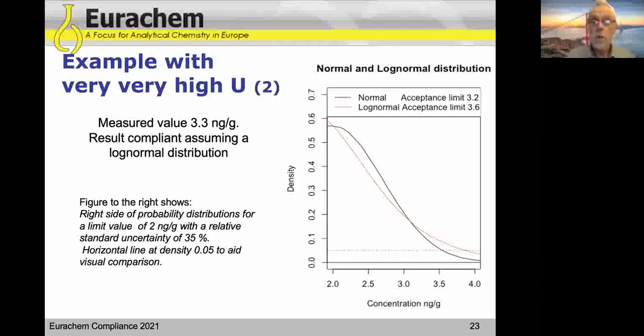So if we would have assumed a normal distribution, then the value would have been over the acceptance limit and would be rejected. But since we know that we probably would have a log normal distribution, which is a better assumption, then the acceptance limit will be higher. It will be 3.6 instead of 3.3. And that means that the measured value is compliant.